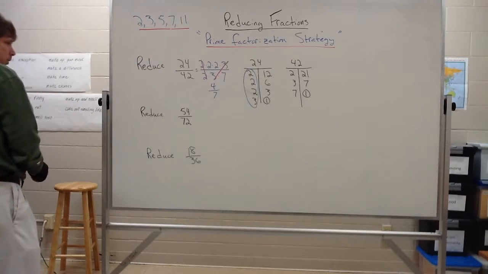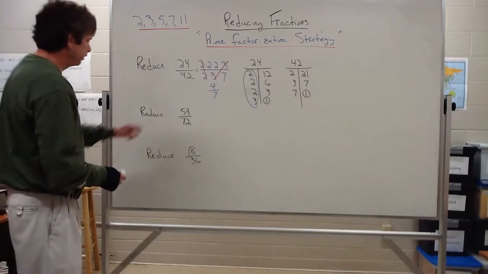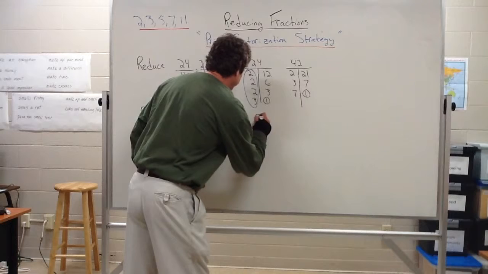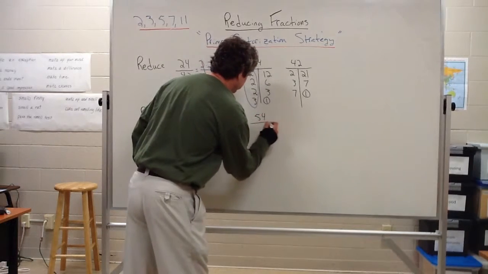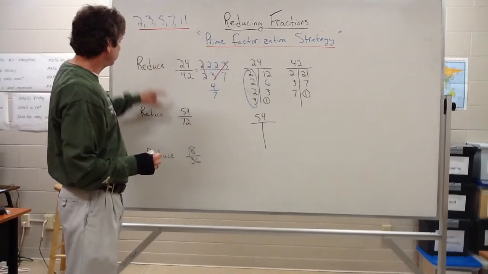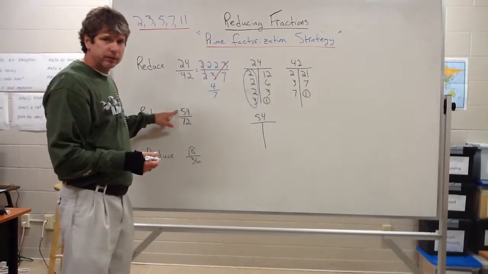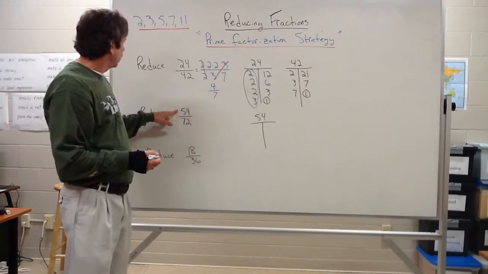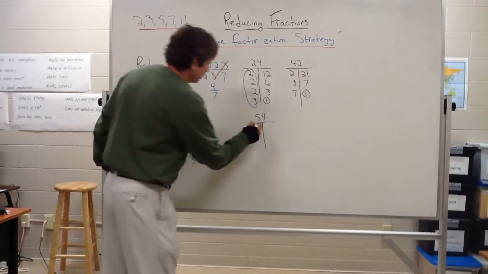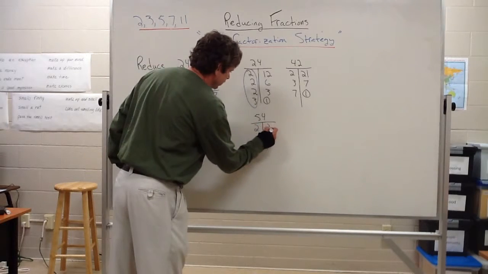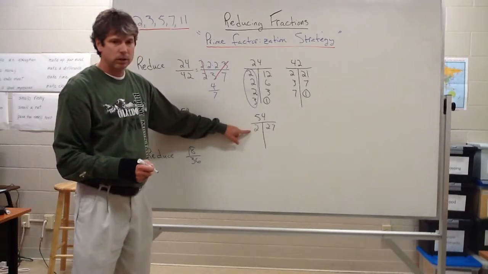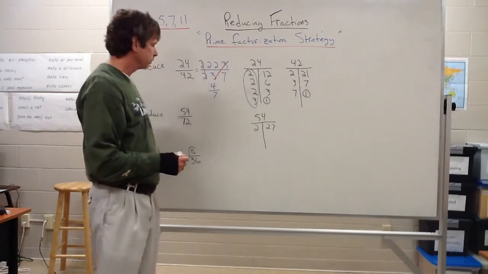Let's turn our attention to this 54 over 72. So let's start with the numerator, the 54. And we ask ourselves, does 2 go into 54? Well, 54 is an even number, so yeah, we can divide 54 by 2. And 2 would go into 54, I believe, 27 times. And if we need a calculator, remember, we can just divide 54 by 2, and that should give us our 27.